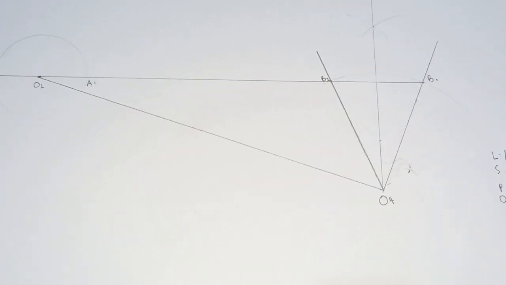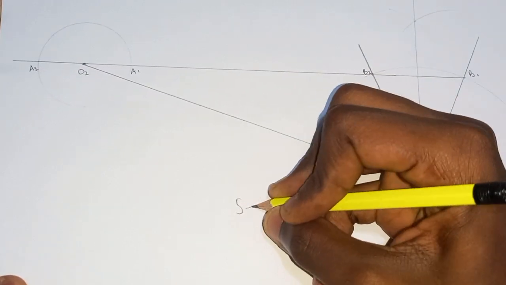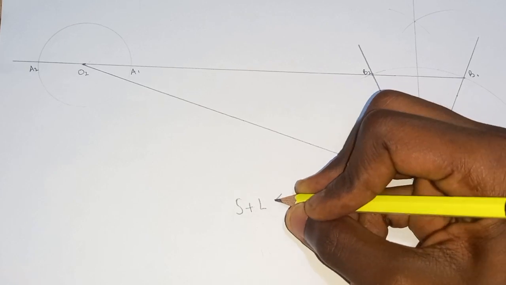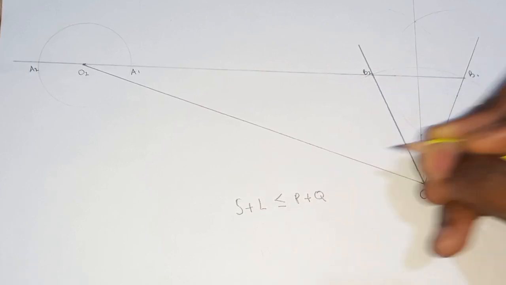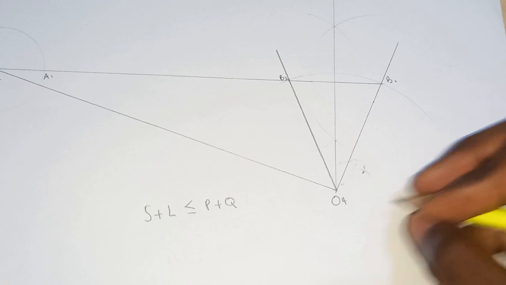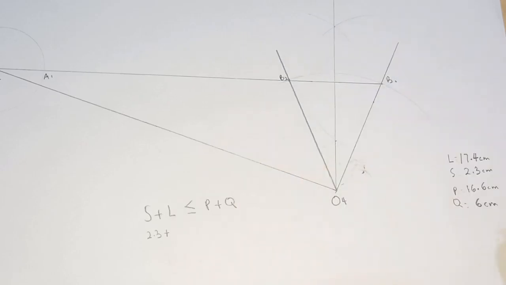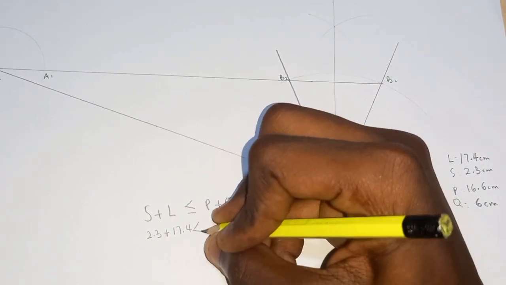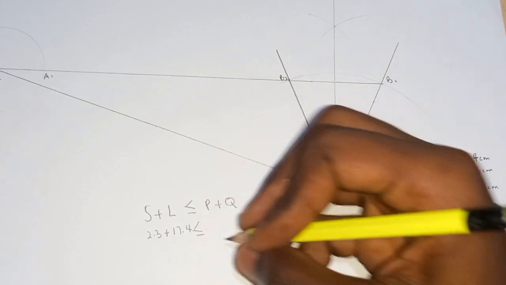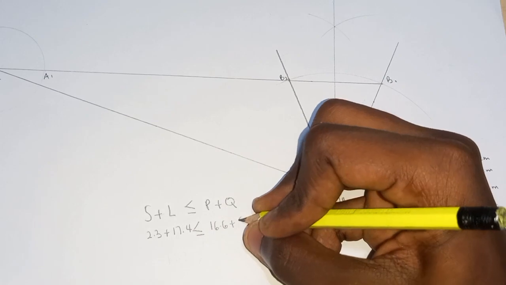And to check the Grashof condition, the smallest plus the longest must be less than or equal to the sum of the other two lengths. Let the smallest be 2.3 and the longest 17.4, which must be less than or equal to 16.6 plus 6.